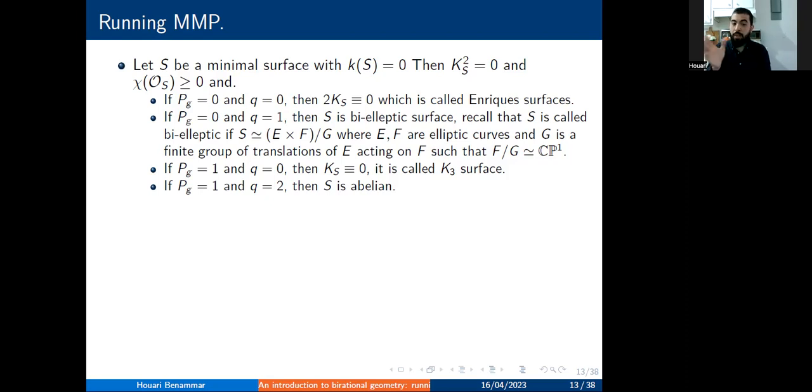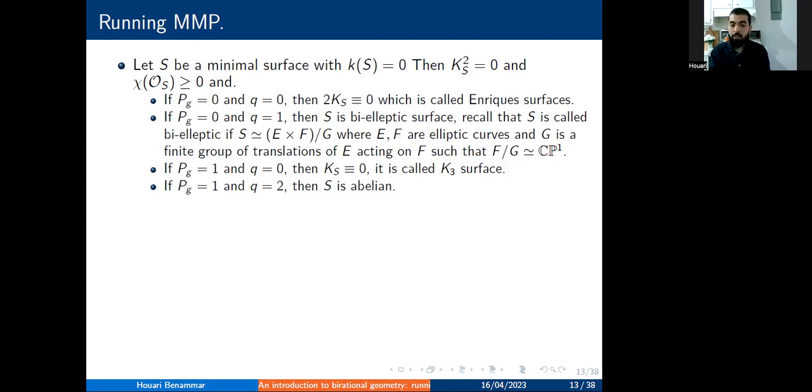So for this type of surface, there is a unique minimal model, but it is related to some invariants, the geometric genus and the irregularity. So what is the geometric genus?